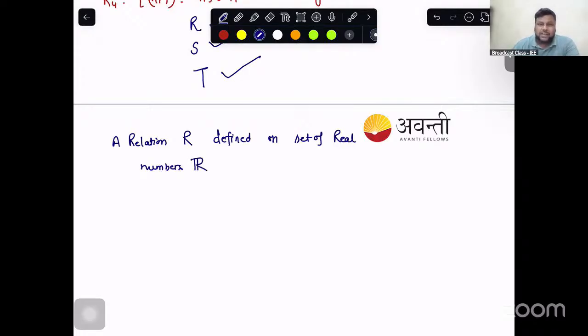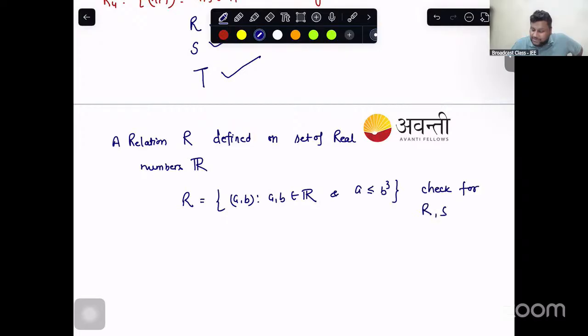A relation R defined on set of real numbers and R is given as (a, b) such that a, b belong to real numbers and a is less than or equal to b cube. Check for reflexive, symmetric and transitive.